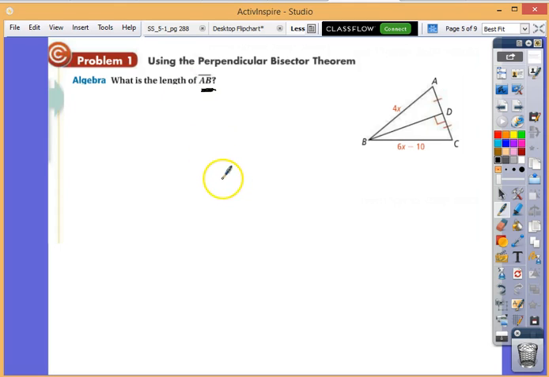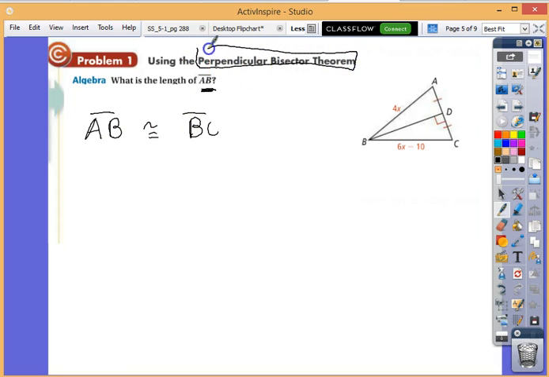All right, so what do we know about BA and BC, or AB and BC? Somebody said that they were congruent. How do we know that? By the perpendicular bisector theorem. The perpendicular bisector theorem lets us know that this line right here is congruent to this line right here because this point B lies on the perpendicular bisector.